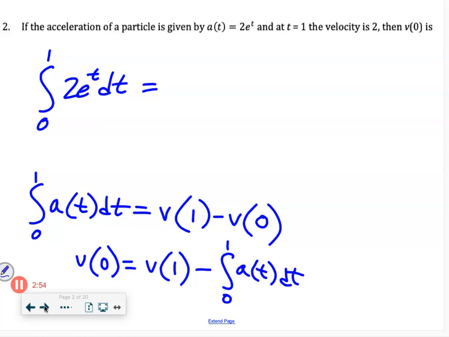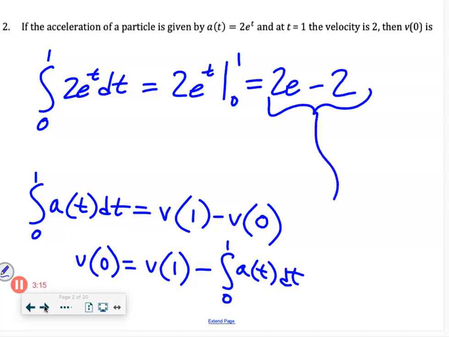All right. So anyway, I'm just going to find this definite integral first. So antiderivative of 2e to the t is 2e to the t, from 0 to 1. So you get 2e to the first minus 2e to the 0. So that's the value of that integral. So then what is v of 0? It's v of 1, which is 2, minus this.